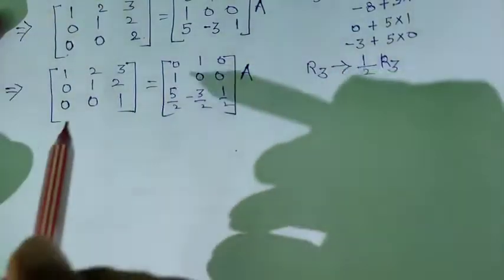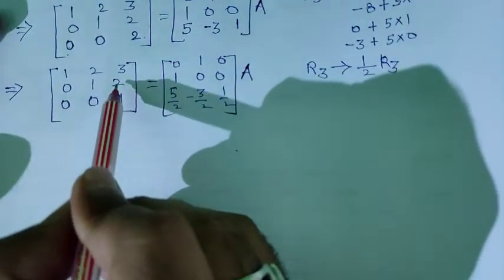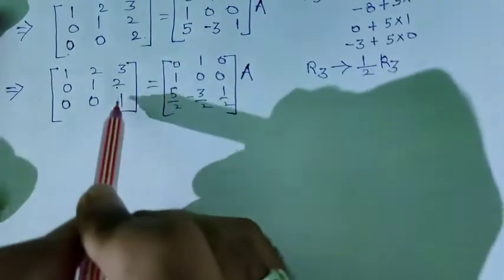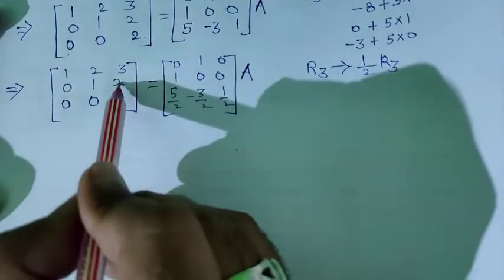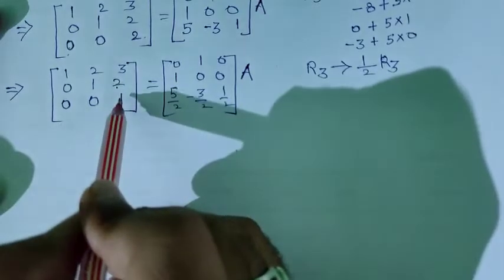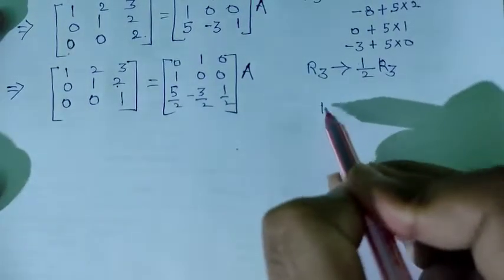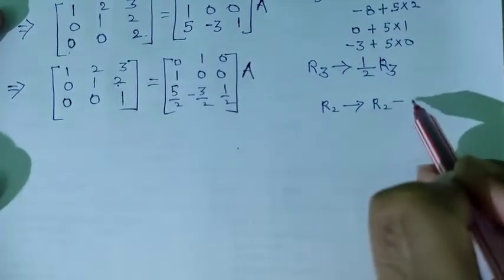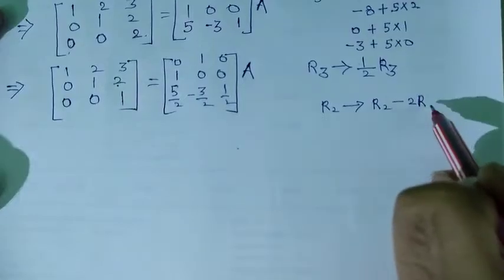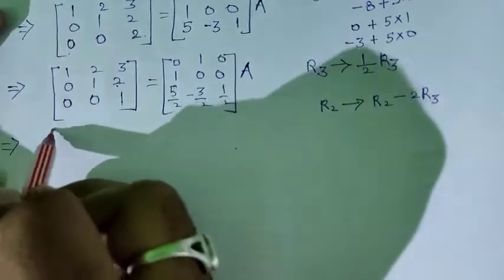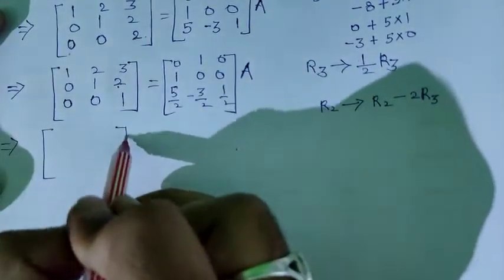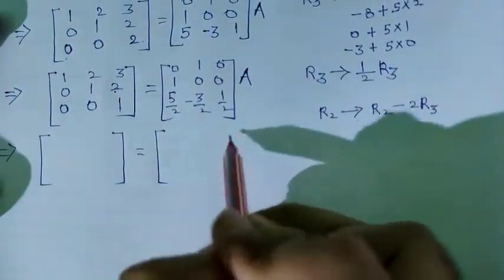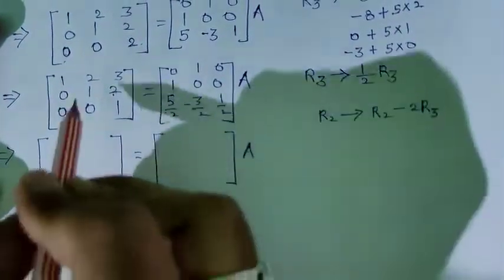Now our next target is to make this 2 as 0. If I multiply here with 2 and subtract it from this, then it will be 0. It means R2 minus 2R3 will make it 0. See what will happen here.